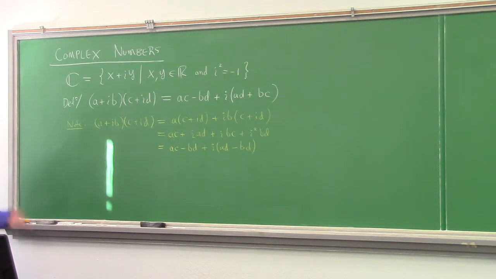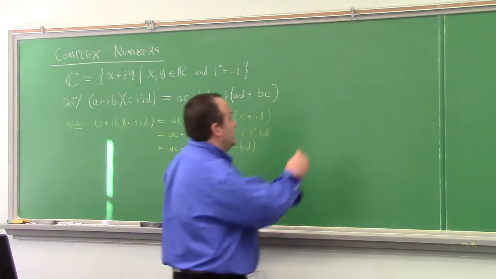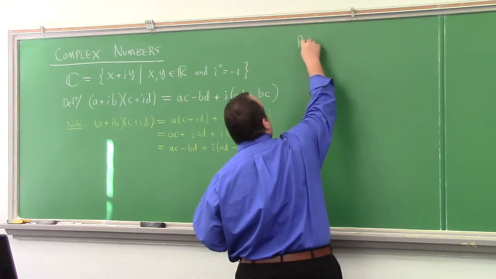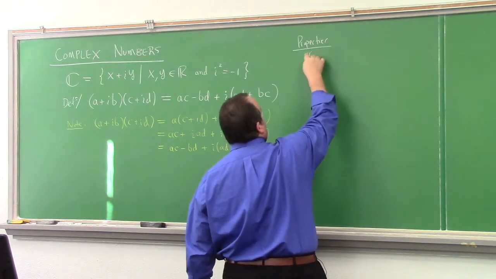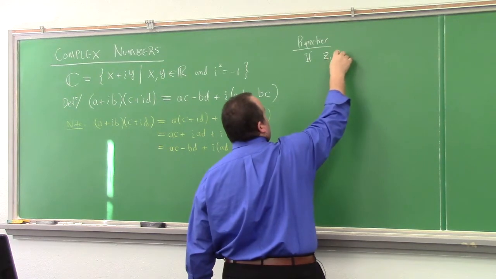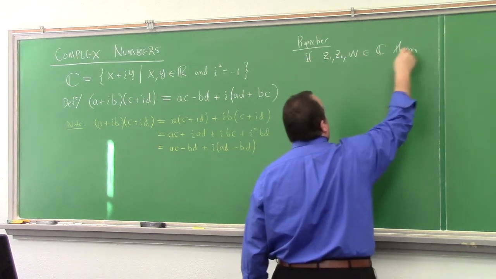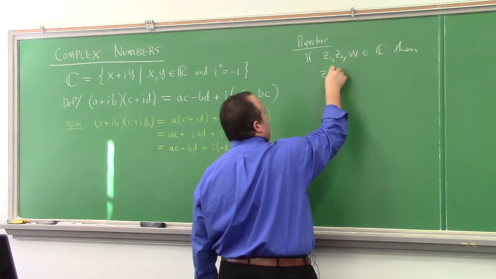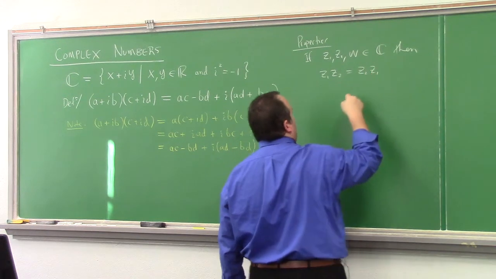So what are the properties of complex number addition and multiplication? Well, if z1, z2, and w are complex numbers, then we have a few things. First of all, multiplication commutes.